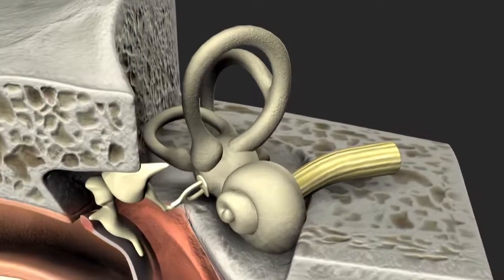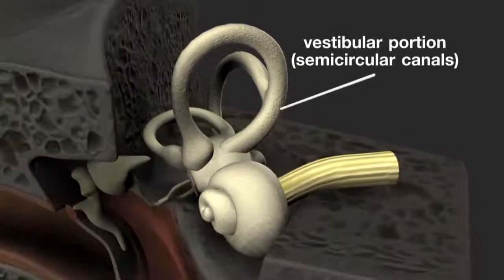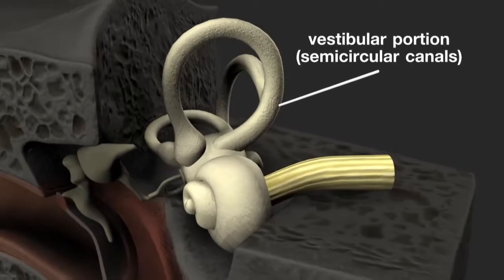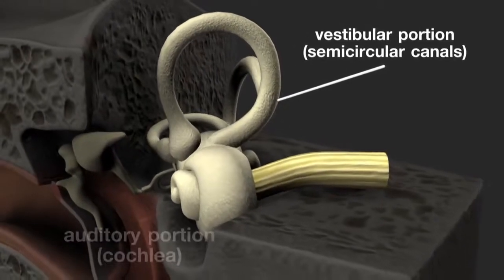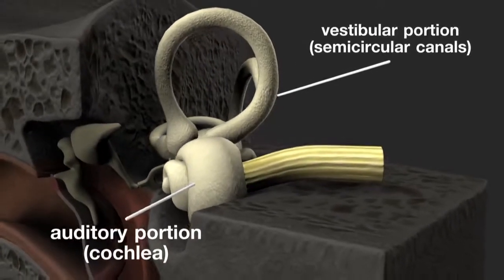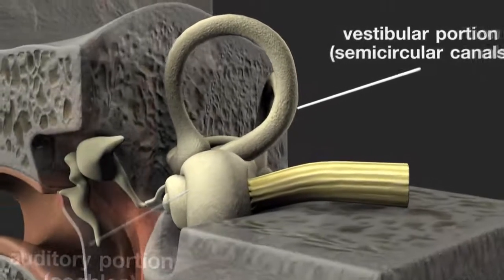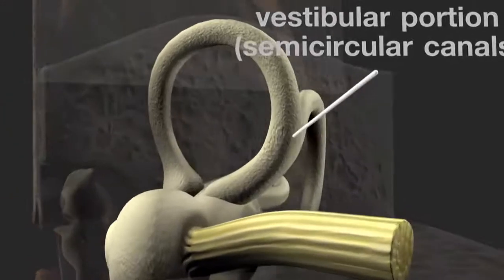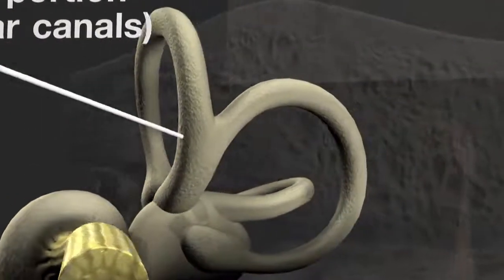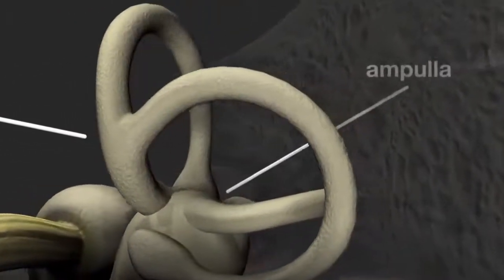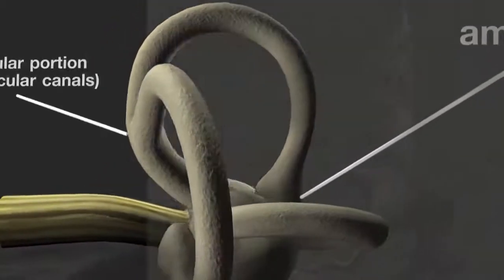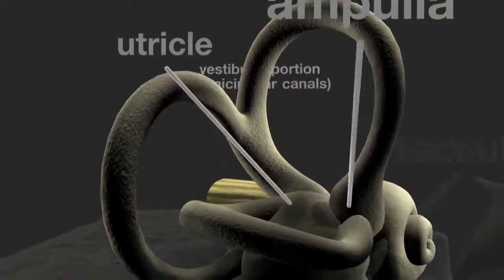The inner ear has two distinct portions: the vestibular portion, concerned with balance, and the auditory portion, the cochlea, which is concerned with hearing. The vestibular portion is made up of three semicircular canals. Each canal has a swelling at one end, the ampulla, and two membranous sacs, the utricle and the saccule.